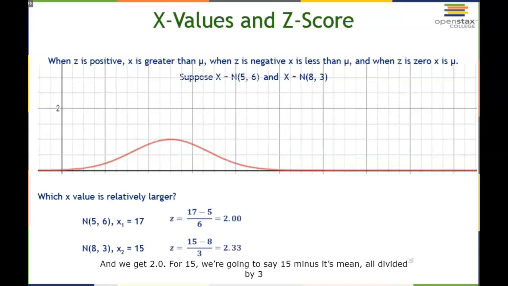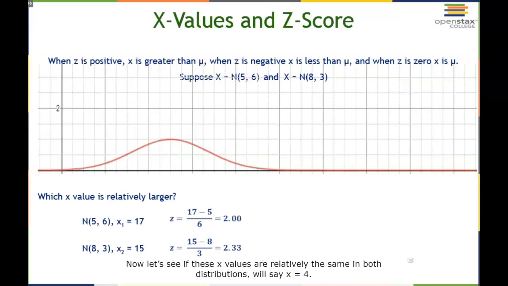For 15, we're going to say 15 minus its mean of 8, all divided by 3, and therefore its z-score is 2.33. Looking at the z-scores, we can see 17 is 2 standard deviations away from the mean. 15 is 2.33 standard deviations away from its mean, and therefore 15 is relatively larger for its distribution.